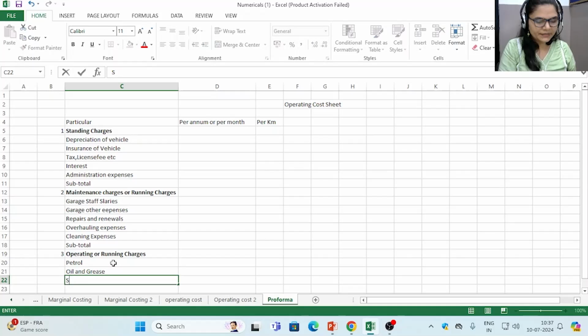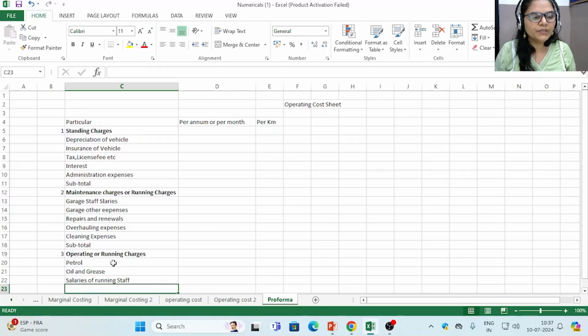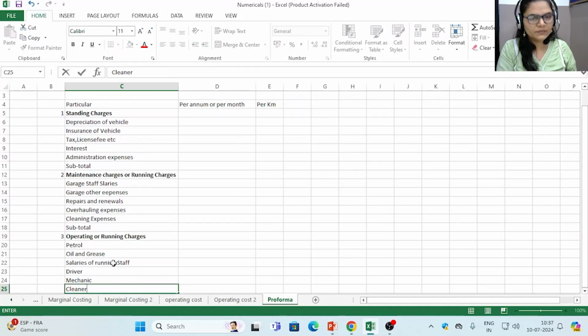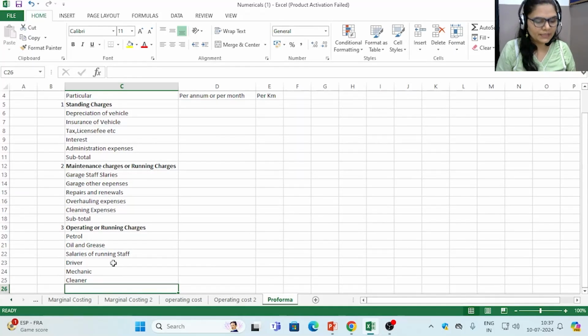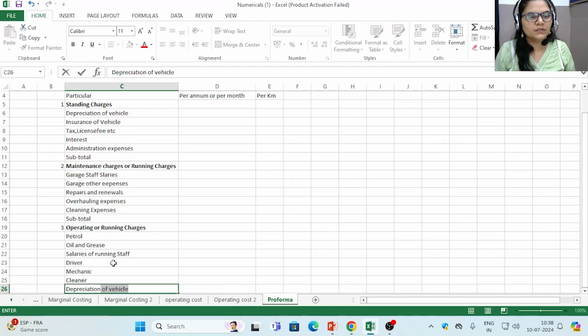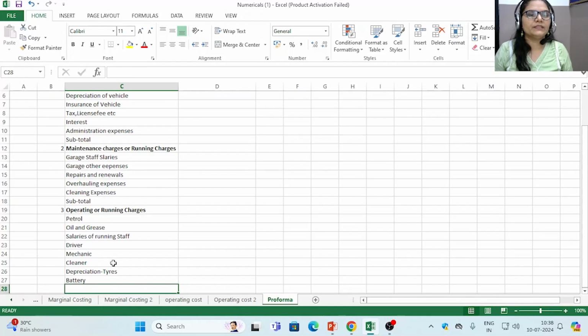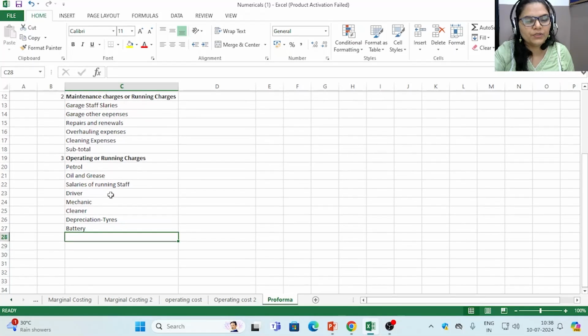Next is salaries of running staff: the driver, mechanic, and cleaner. Another one is depreciation on tires, and next on battery. So these are your expenses. Now again you will do a subtotal.